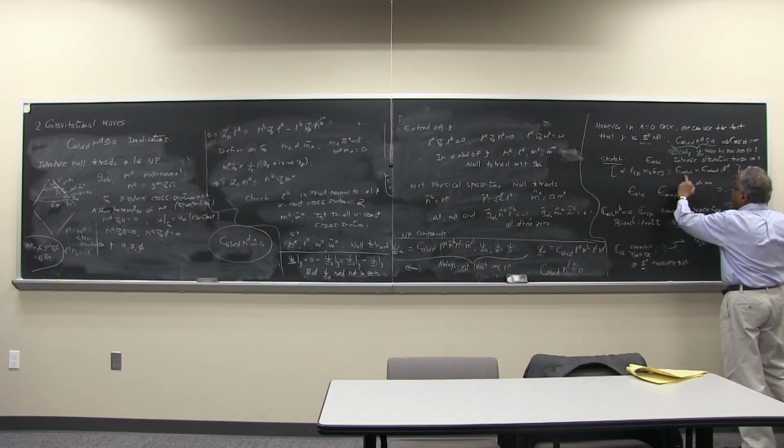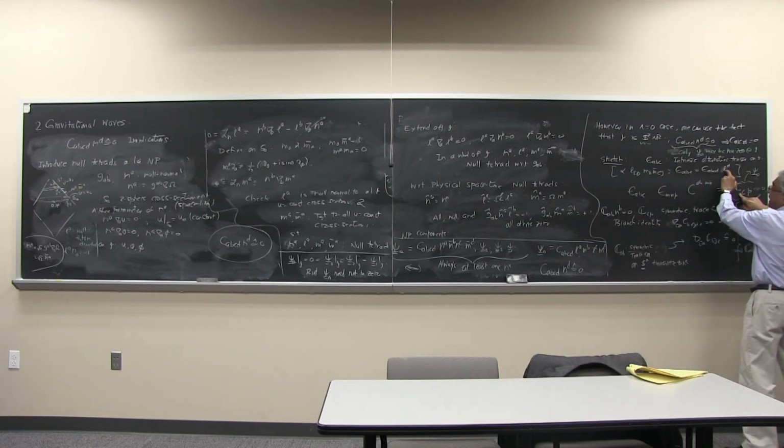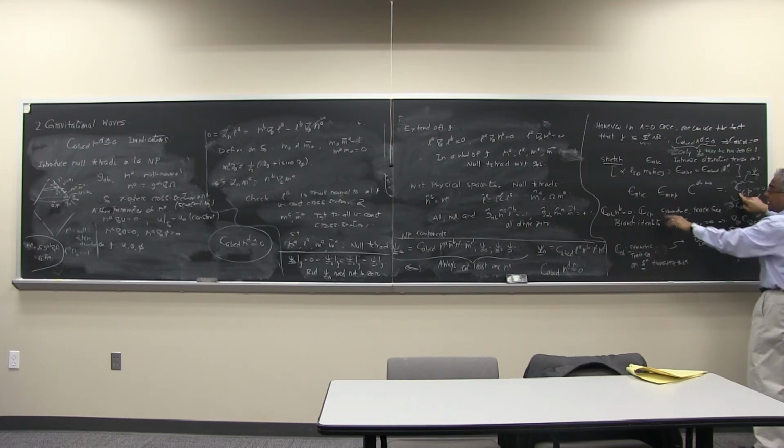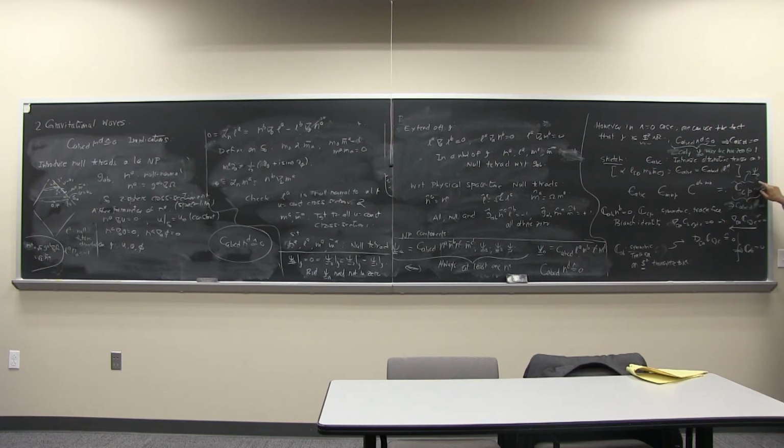Now you know what I mean by epsilon_ABC. It is just given by epsilon_ABCD times l^D, where l is a Newman-Penrose tetrad vector. So you can just plug in here, and you can check that this is really the same as psi 0. In fact, this is exactly the same as psi 0. So if I plug into it m and m-bar, I will just get psi 0 up here. So this information is the same as psi 0.